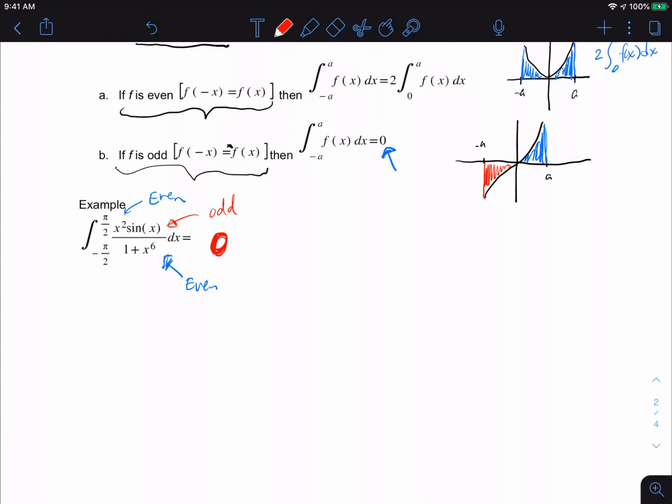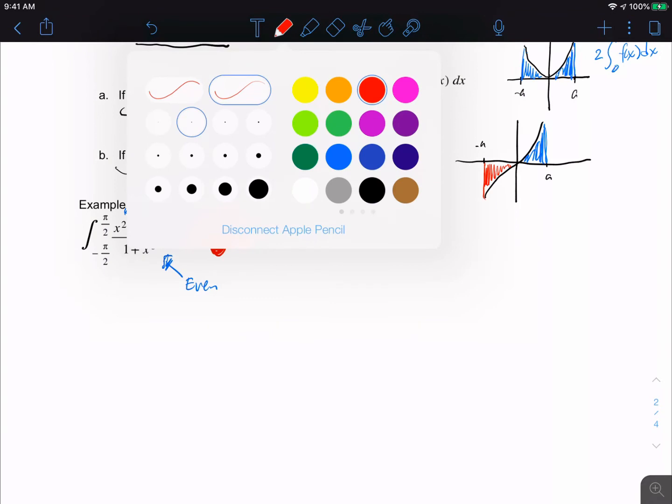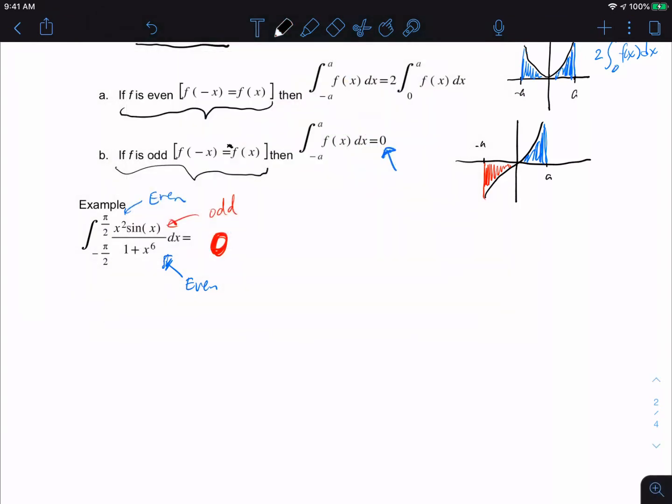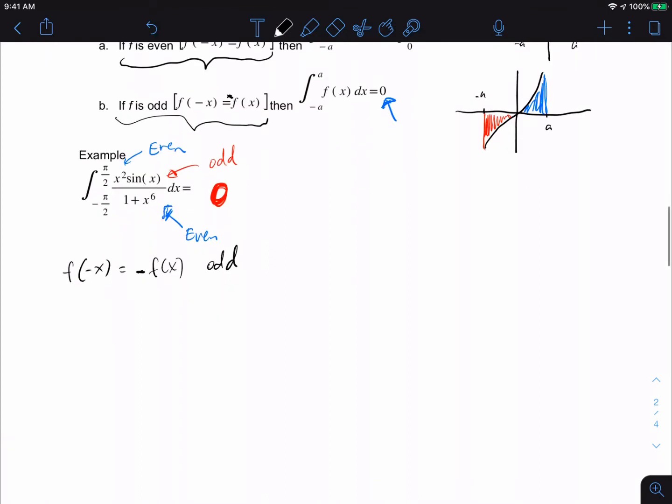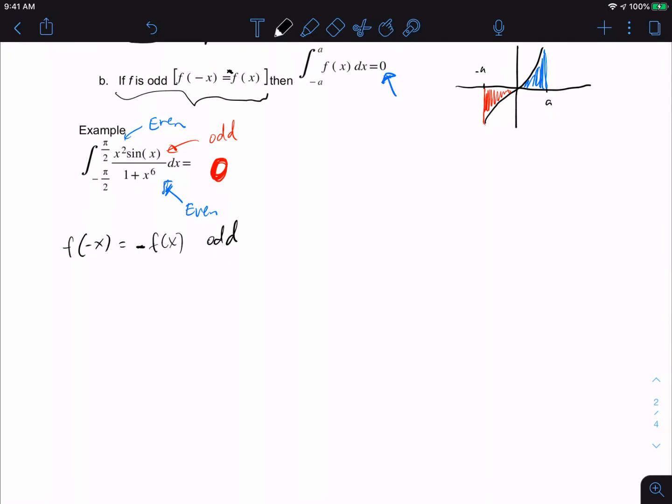Now, if you didn't know how to do it by just looking at it, I'm going to show you how to do it with the rule. The rule tells us that f of negative x is equal to negative f of x. That would make something odd. So looking at this problem, I'm going to go negative x squared sine of negative x over 1 plus negative x to the 6th.